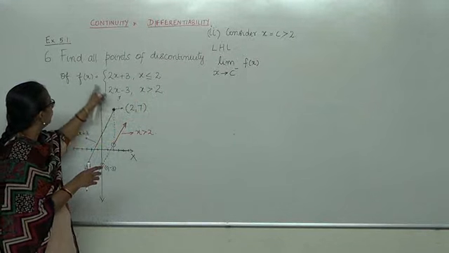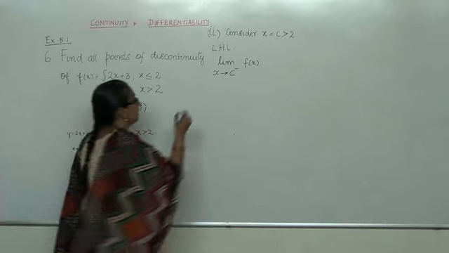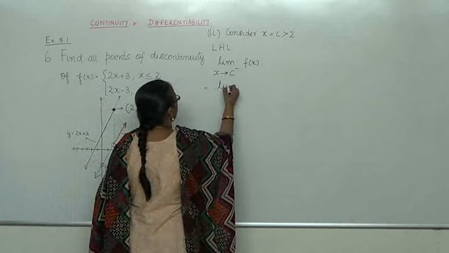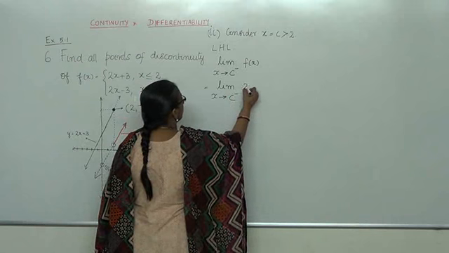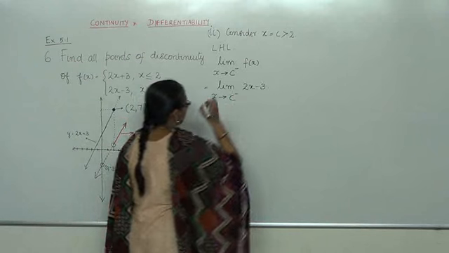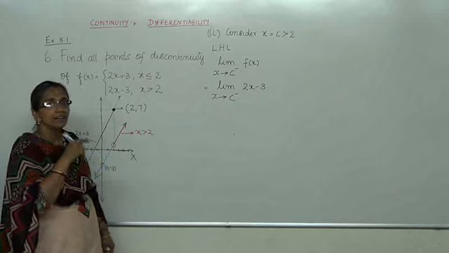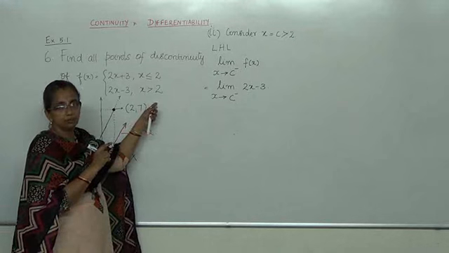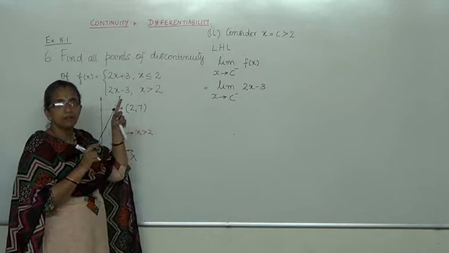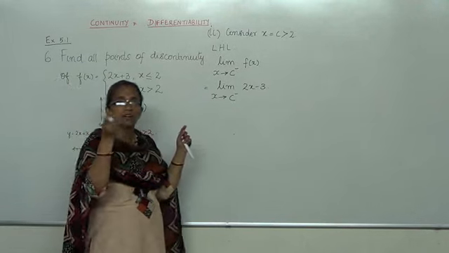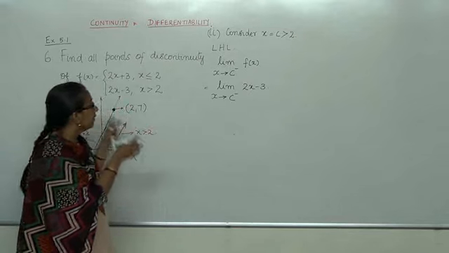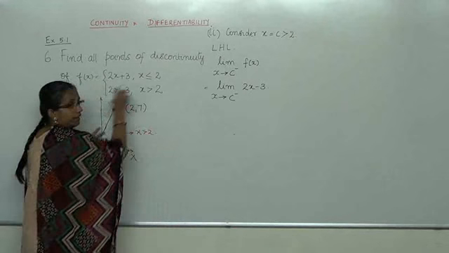Therefore, f of x will now take the form 2x minus 3. So this is equal to limit x tends to c minus 2x minus 3, because this c is still greater than 2. Say for example, we took 2.5 and to the left of 2.5 like 2.4999, which is less than 2.5 but also greater than 2.